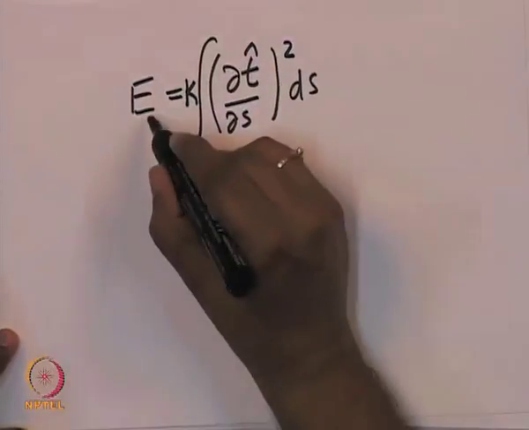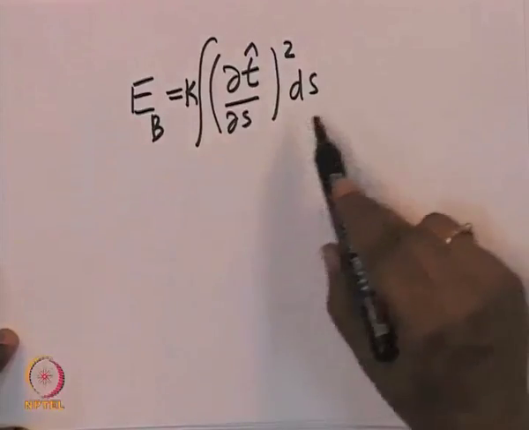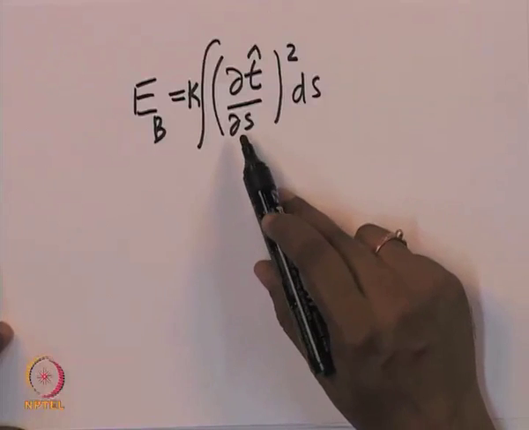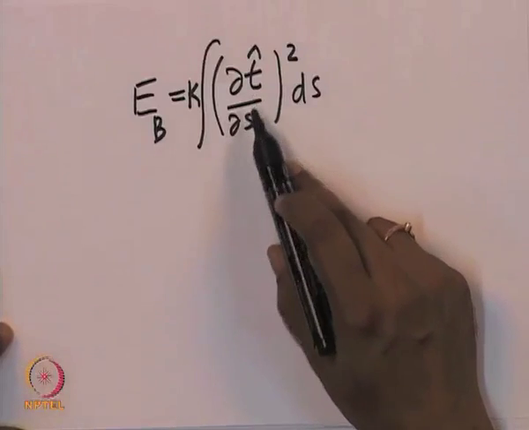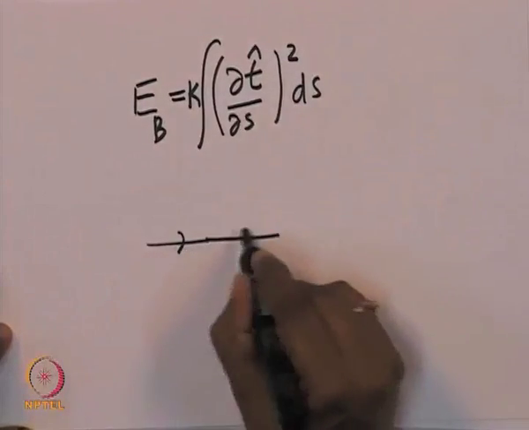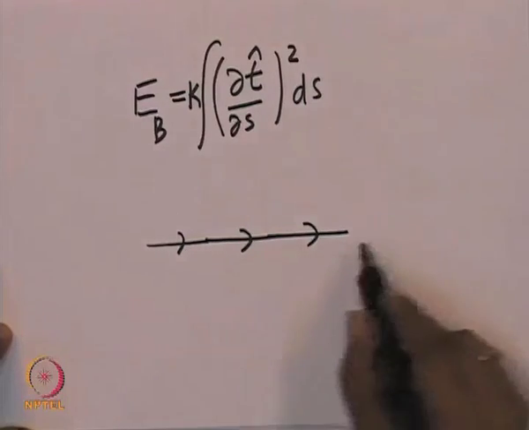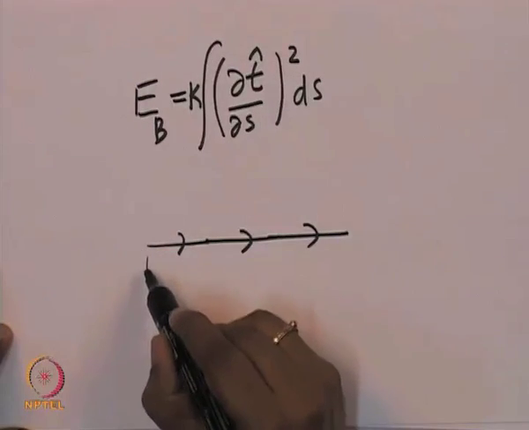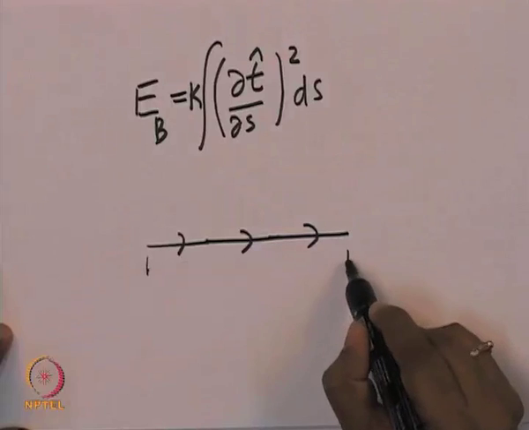This is the bending energy of DNA. What is the logic behind writing down this equation? We want to write down the bending energy, and the logic is that if there is no bending, all tangent vectors will be straight. Then dT by dS, where S is something varying from here to here, is zero.